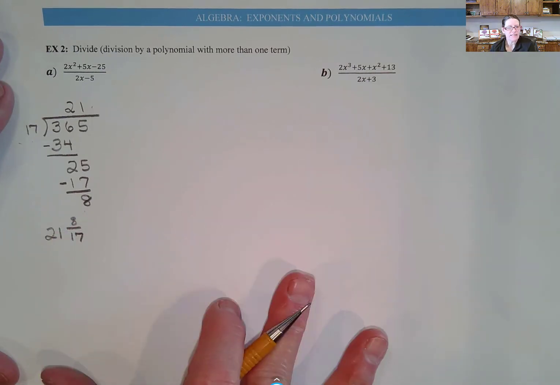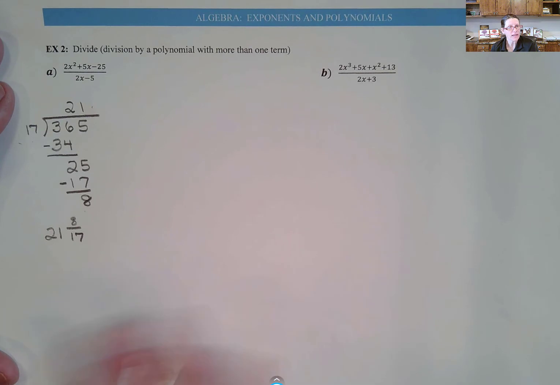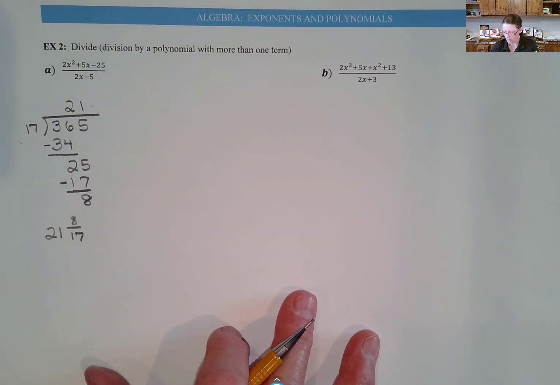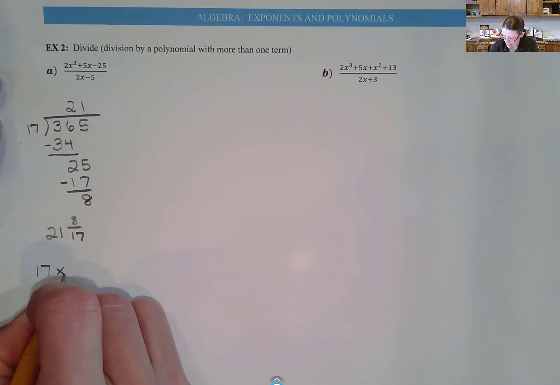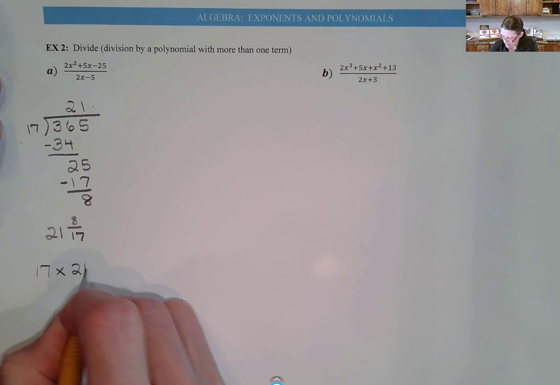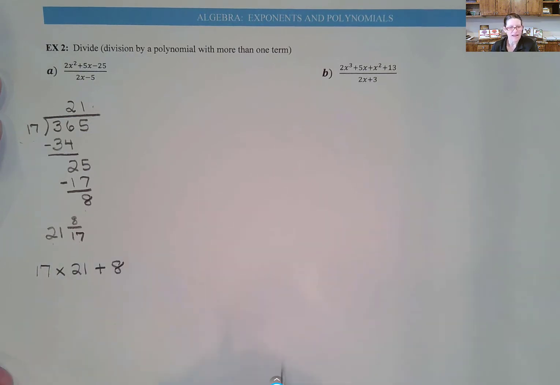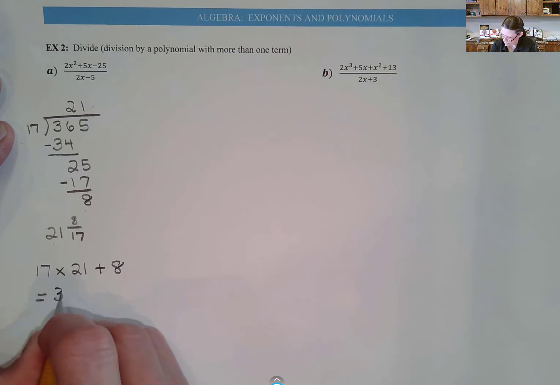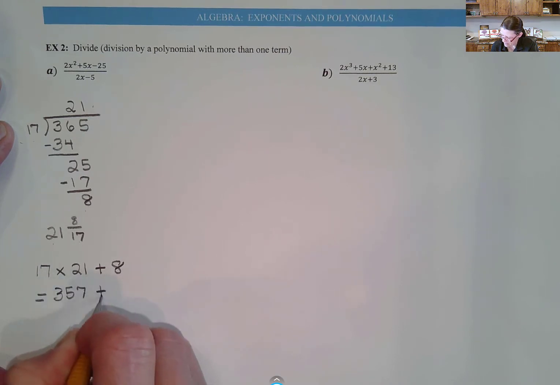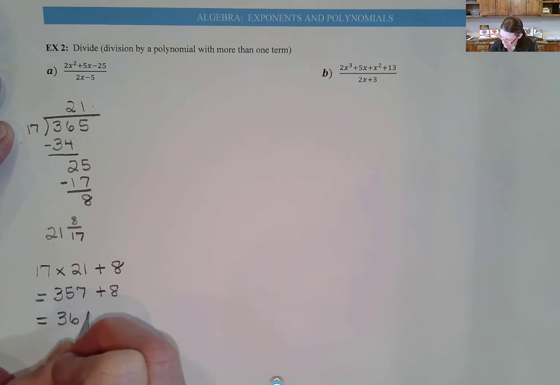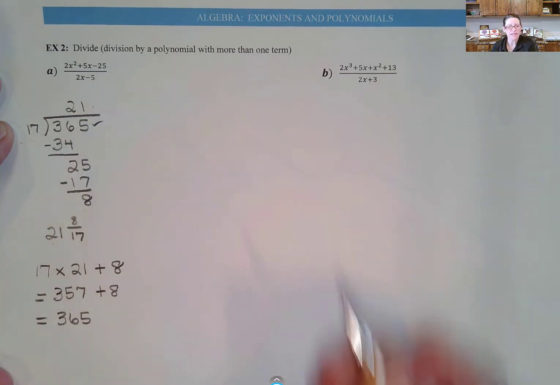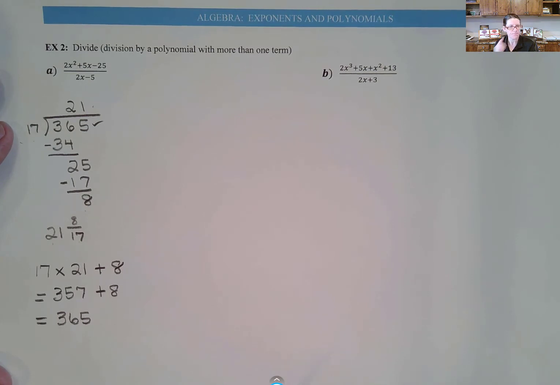One more thing I'd like to look at is we check division with multiplication, and to check this division problem we would multiply our divisor times the quotient 21, and we would add that remainder. 17 times 21 is 357, plus 8 is 365, which gives the dividend, and this problem checks out just fine.